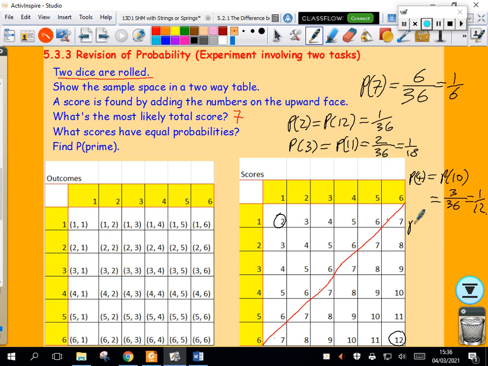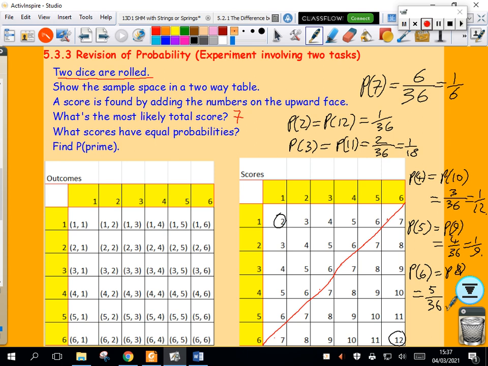The probability of rolling a 5 will equal the probability of rolling a 9, and each of those outcomes can be achieved in 1, 2, 3, 4 different ways. So it's 4 out of 36, or 1/9. Okay, and then finally the probability of rolling a 6 will be equal to the probability of rolling an 8. How many ways can I do that? Well, there's 1, 2, 3, 4, 5 ways I can roll a 6. So the event can be achieved in 5 ways out of the total number of possible outcomes, 36.